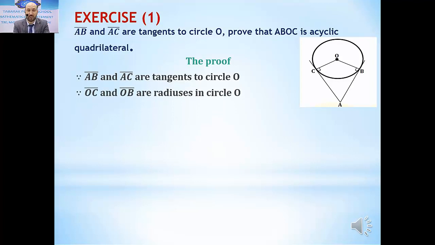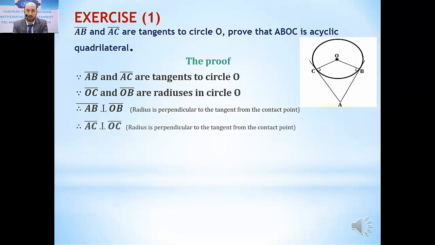What is the relation between OC and AC? They are perpendicular. So AB is perpendicular to OB, since a radius is perpendicular to the tangent at the point of contact, and AC is perpendicular to OC, the same idea.